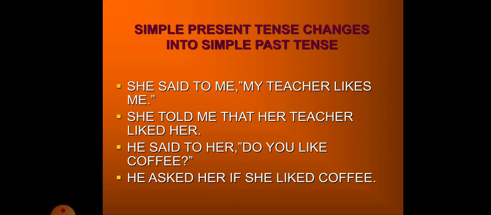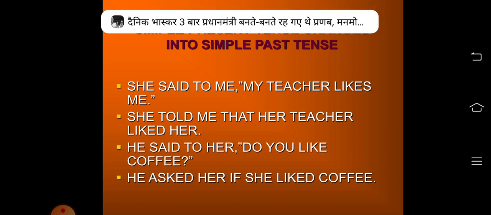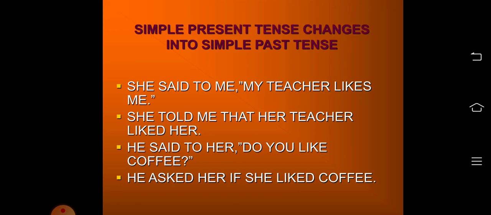In the first sentence, my teacher likes me. Here my is first person, which is possessive form, and it is changing according to the subject, which is she. So the sentence, she said to me, "My teacher likes me," is changed into she told me that her teacher liked her. My is changed into her because the subject in the first sentence is she. Similarly, in the second sentence, he said to her, "Do you like coffee?"